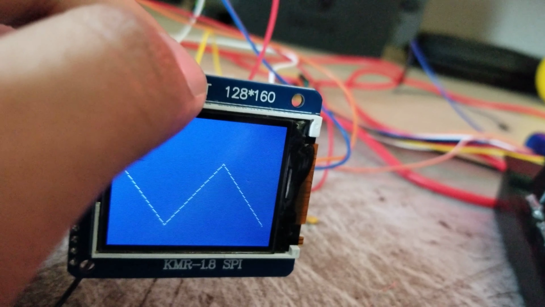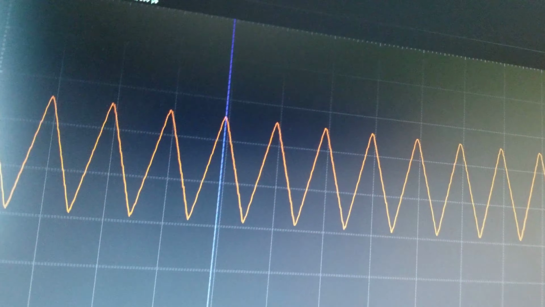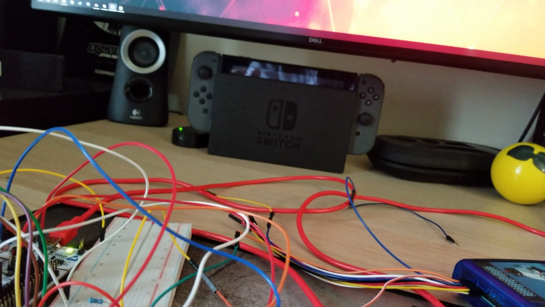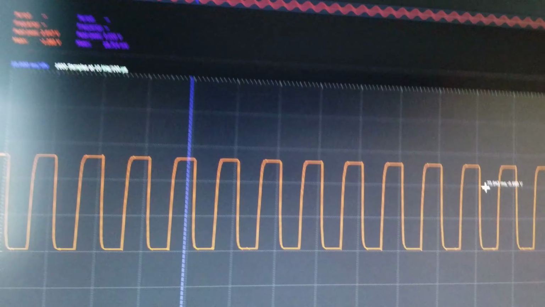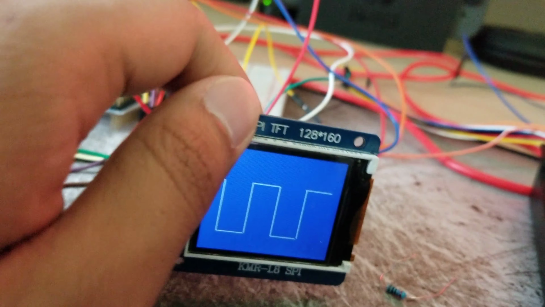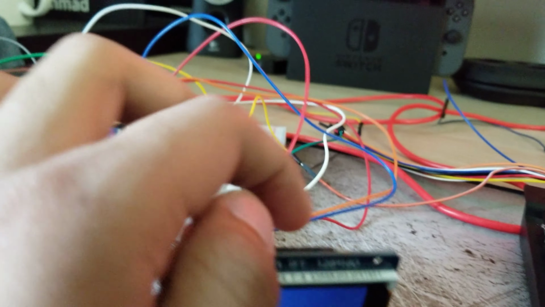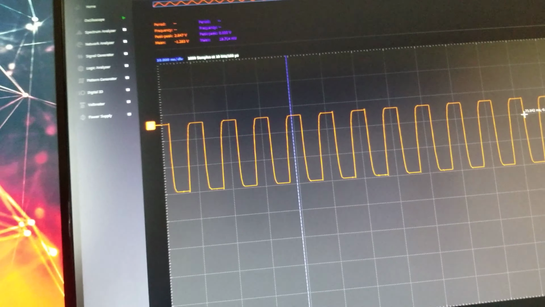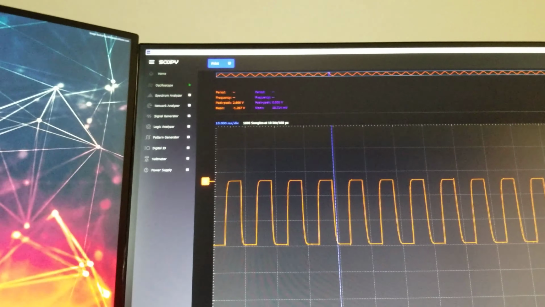It's backwards because of the rotation, but I think it gets the point across. We're doing a triangle wave. And then obviously if I switch over to a square wave, we have a square wave on the output here, and then I draw a square wave on the LCD screen. So that's that as far as that goes.